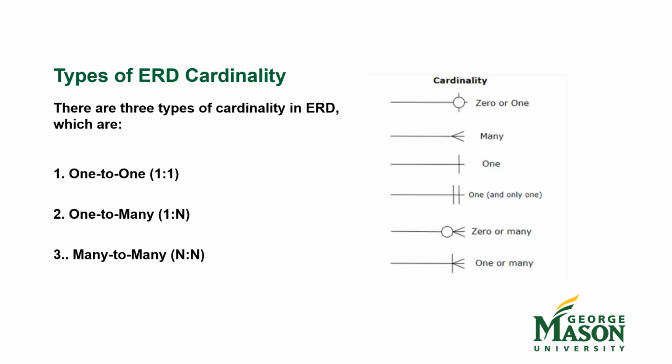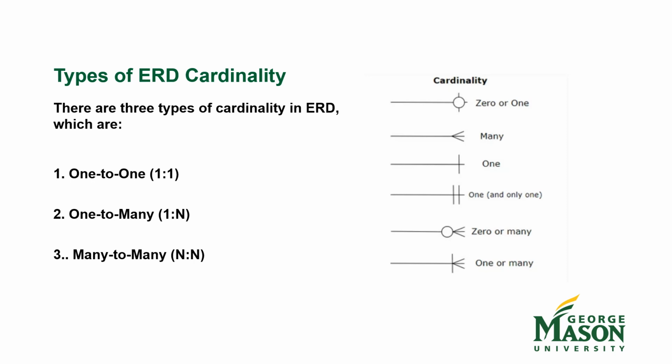Many-to-many cardinality. In a many-to-many relationship, each instance of one entity can be associated with multiple instances of another entity and vice versa. The relationship is represented by a diamond shape in the ERD.